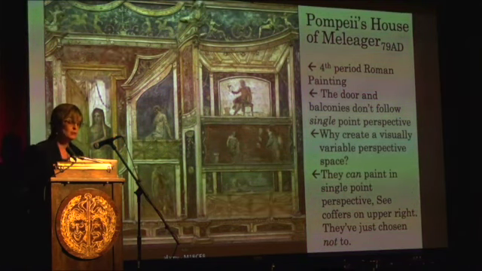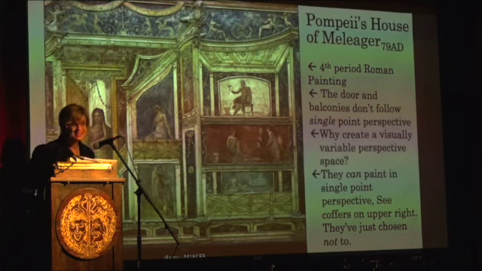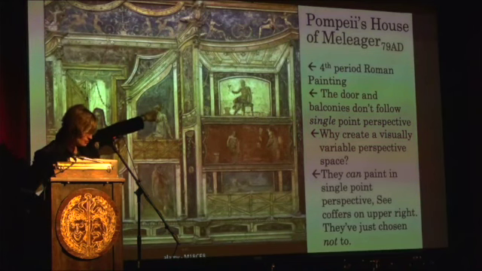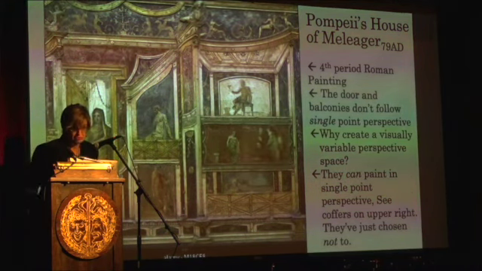And I'm really curious about why the Romans like to do a visually variable perspective space, they can paint single point perspective, and they did it. It's right here on the right, upper top. Those ceiling coffers are correct single point perspective, but they've chosen not to. Why, right?